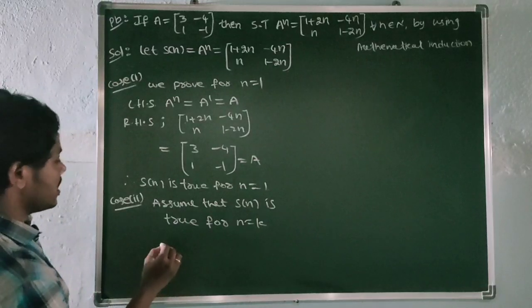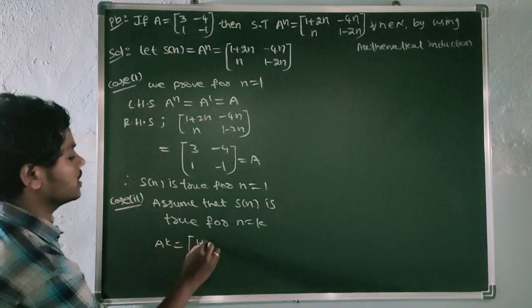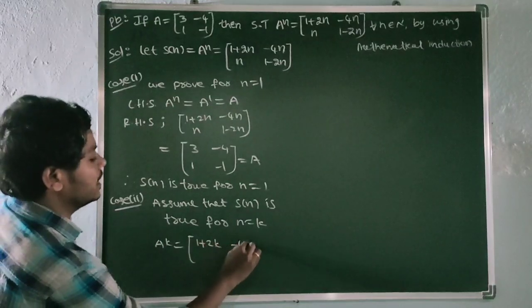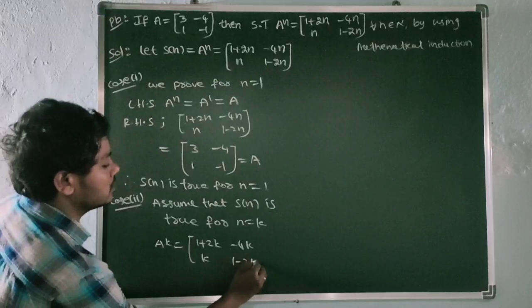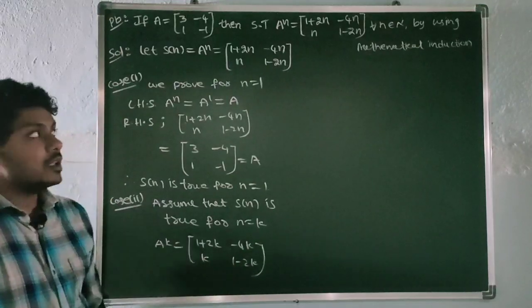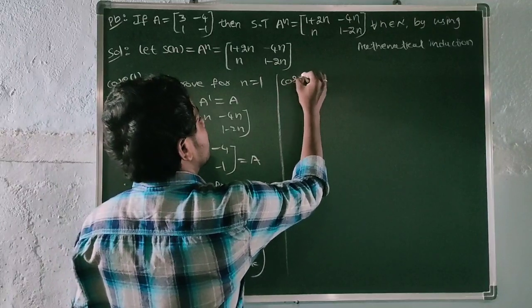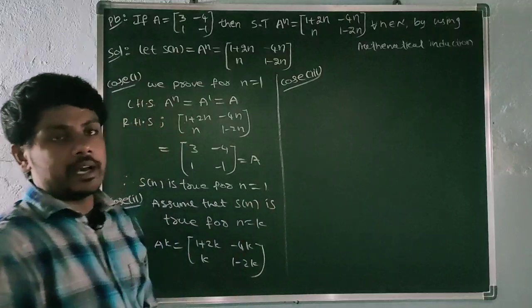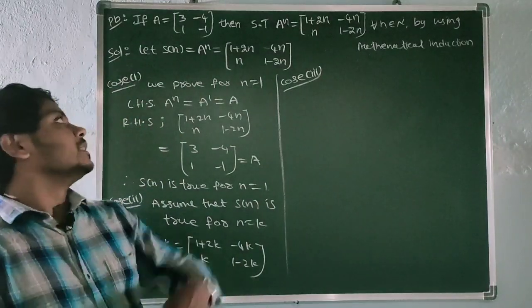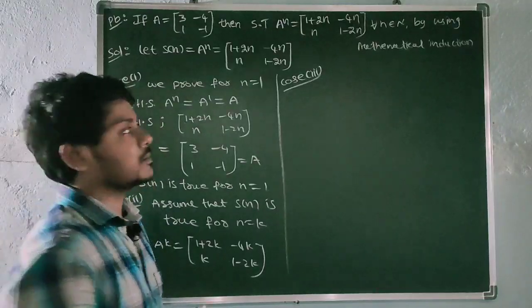So that is A power k equals what? 1 plus 2k, minus 4k, k, 1 minus 2k. So next, case 3. So here we have to prove the given statement is true for n equals k plus 1.